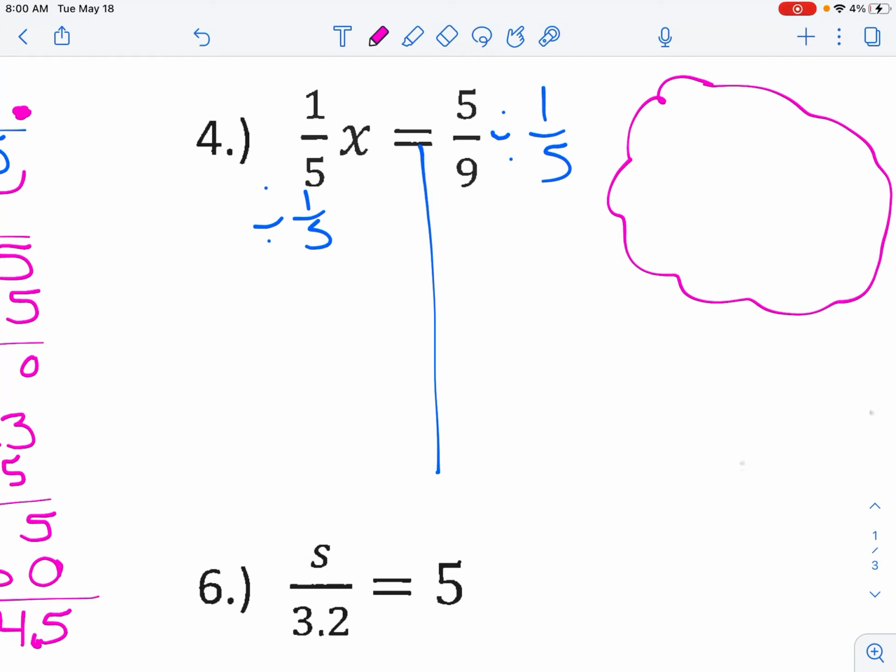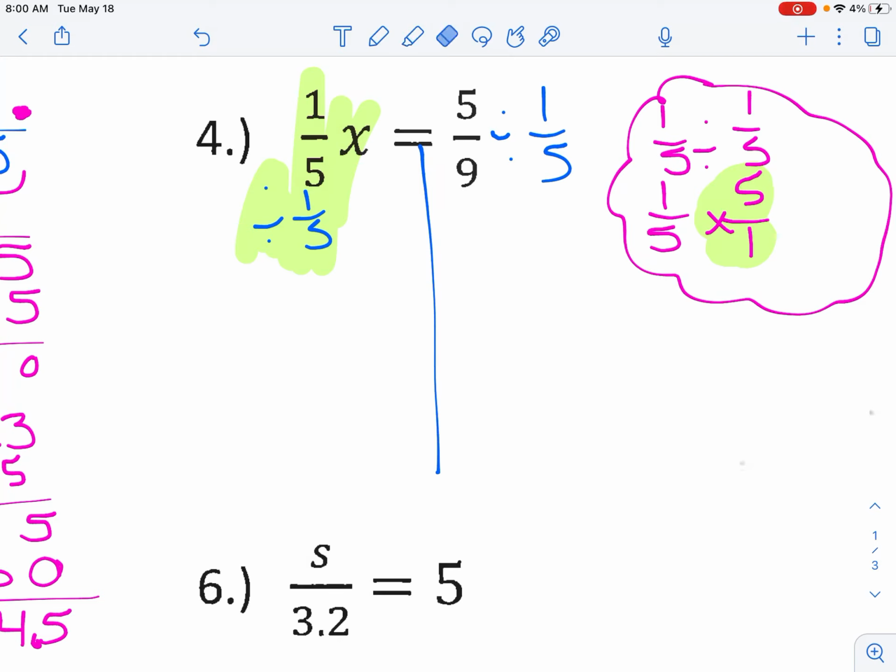I'm thinking on the left side of this equation, if I have to divide 1/5 by 1/5, I know that we do keep, switch, flip. So this is what I'm thinking right here. I know that if I have to divide by 1/5, I'm really going to multiply by 5/1. I have to multiply by the reciprocal.